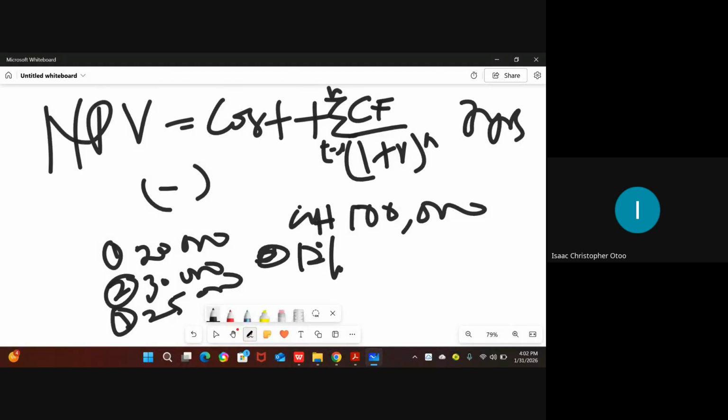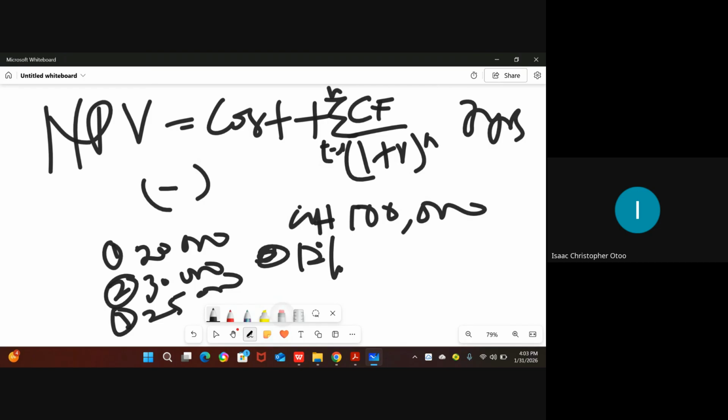Now we normally compare the cost and the benefit. Our cost is 100,000. The benefit for the 3 years is expected to be 20,000 in the first year, 30,000 in the second year, and 25,000 in the third year at a discount rate of 12%. So what will be the NPV?